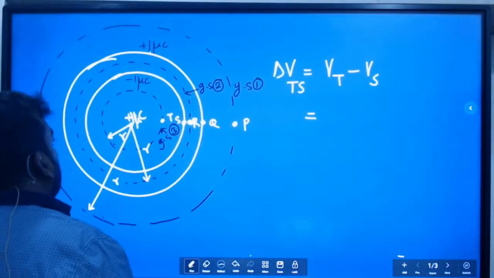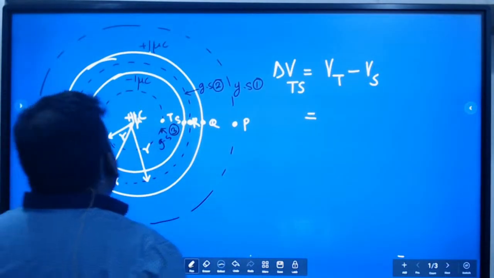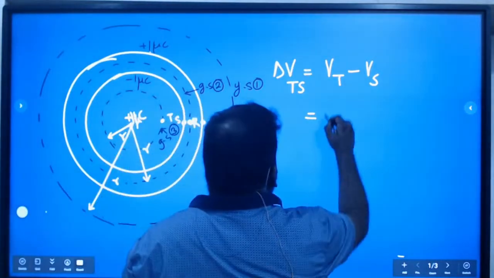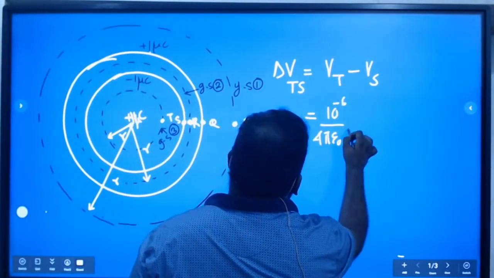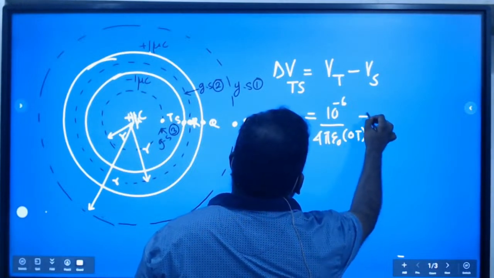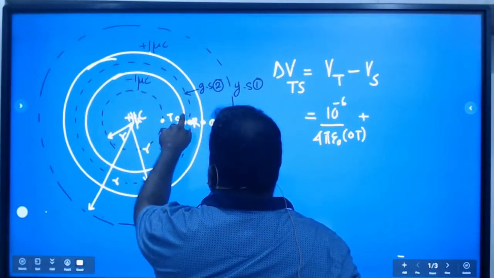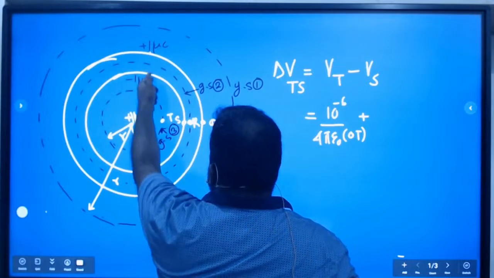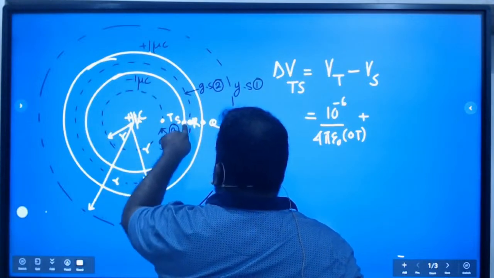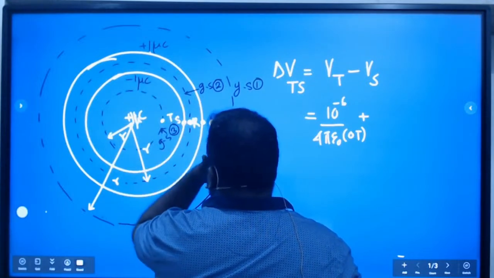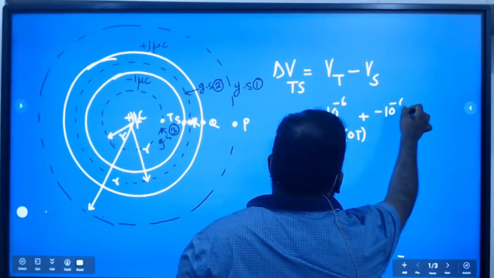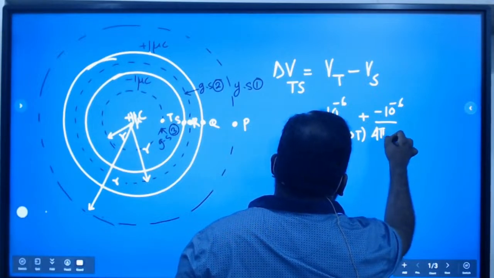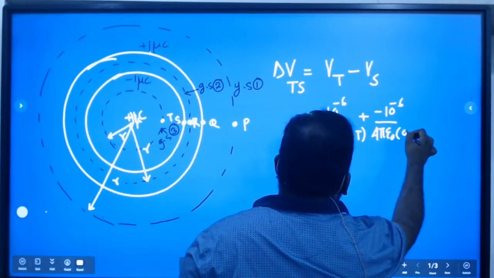So what is the potential at T? Because of the point charge, it is 1 over 4 pi epsilon naught times charge over OT. Because of the minus 1 microcoulomb potential, T is inside the sphere, and the potential on the surface and inside are the same. So on the surface, minus 10^-6 over 4 pi epsilon naught OS.